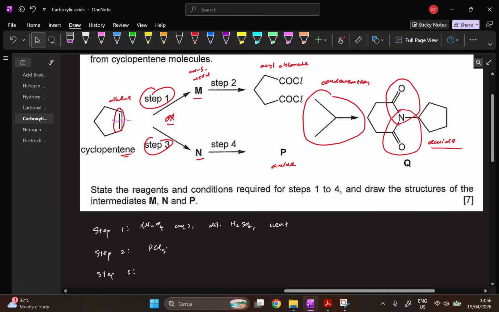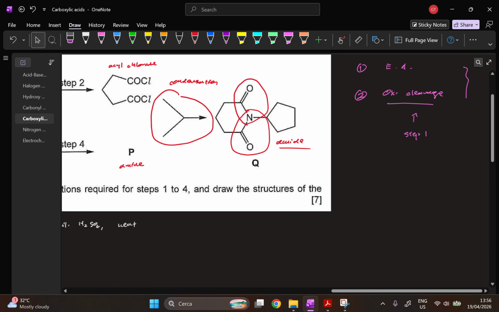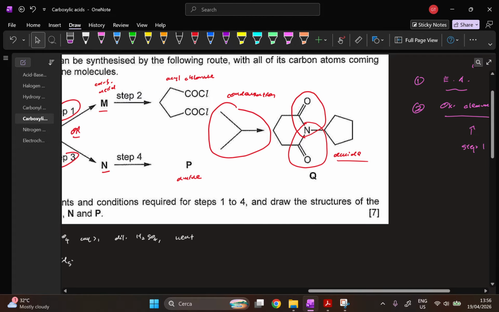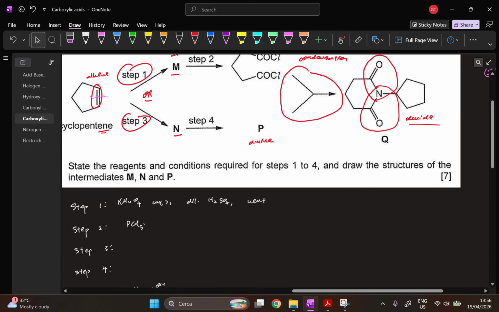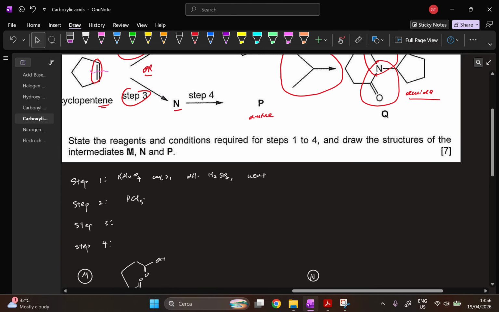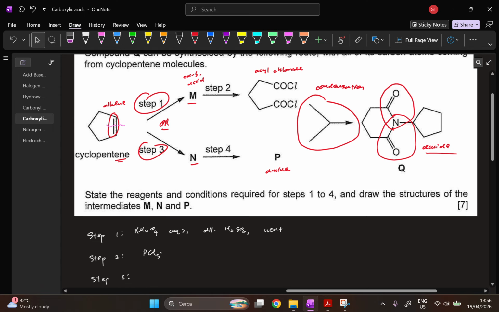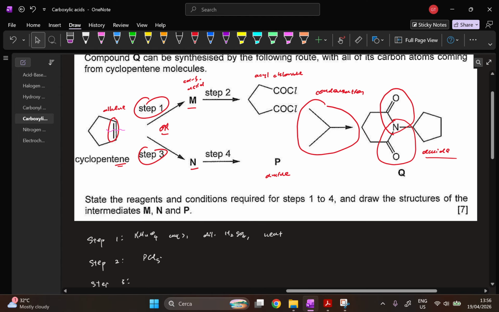Okay, now let's go on to the lower part of this. We said already earlier that one of them is oxidative cleavage, the other one is electrophilic addition. So this one is obviously going to be step 3. So if my cyclopentene undergoes electrophilic addition, what will I get? I will get something along the lines of a halogen, right? And then this C=C double bond will become a C-C single bond.